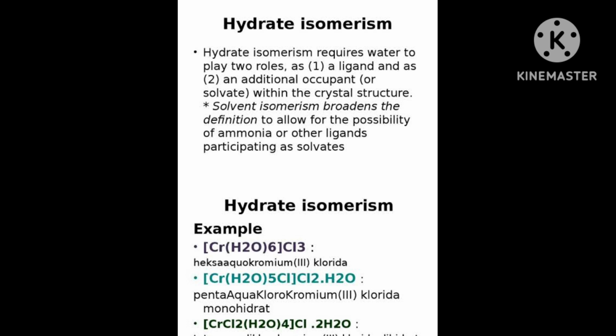That's why it is called ambidentate ligand. Ambidentate ligand means they can make bond with two atoms, only in the same ligand. Their NCS can make bond with N also, and it can make bond with S also.